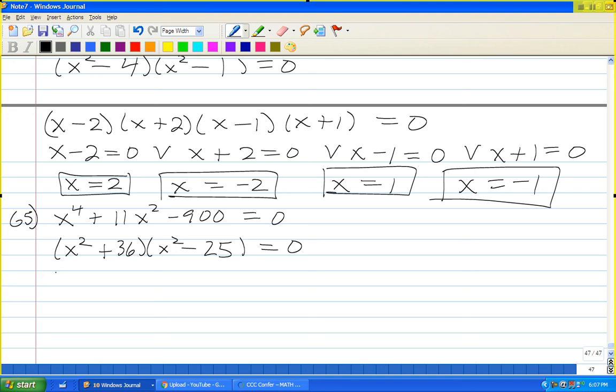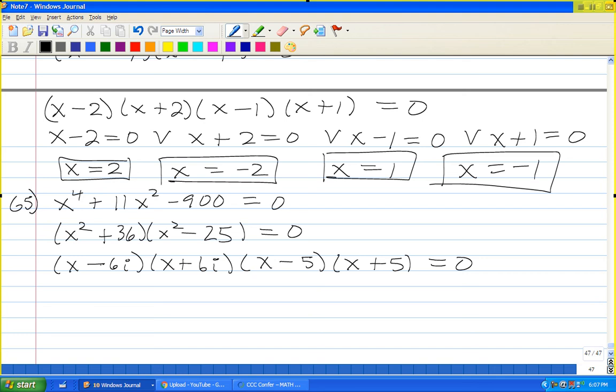Let's factor these. So this factors into x plus 6i, x minus 6i, x minus 5, x plus 5 equals 0. It's a difference of squares formula for each of these.